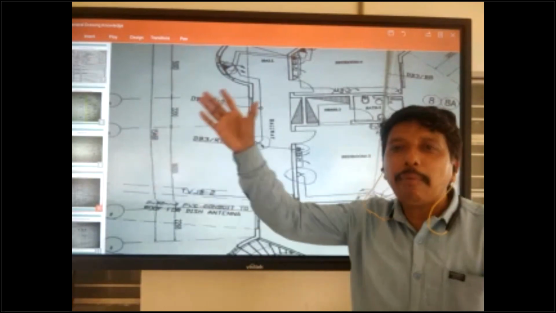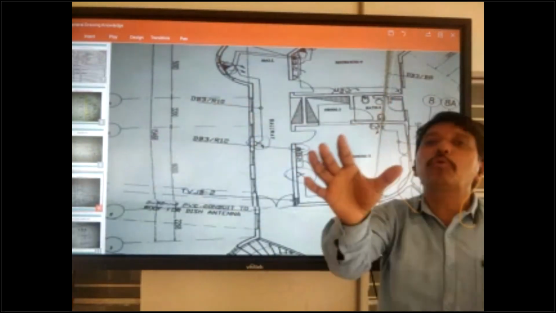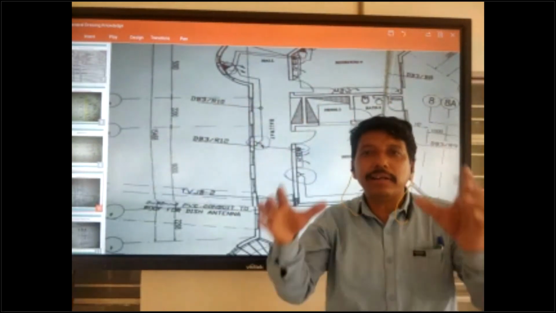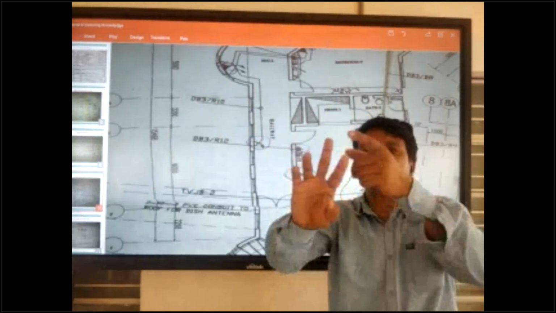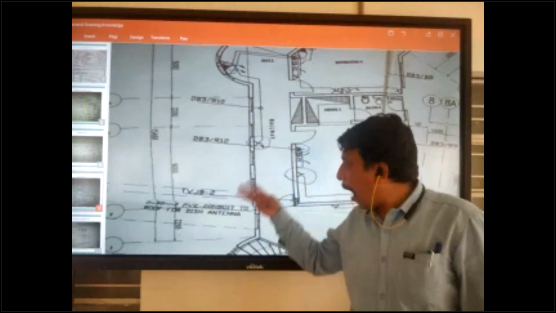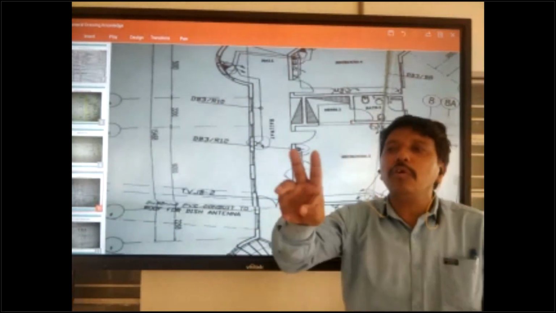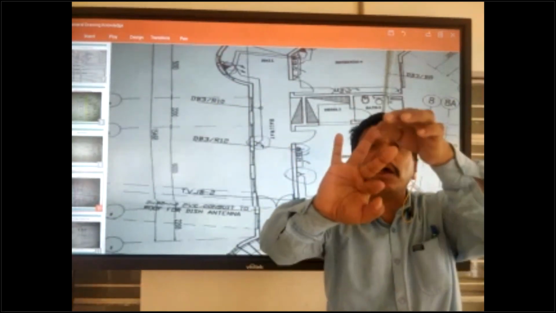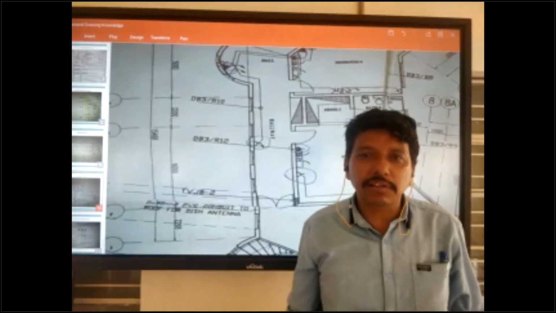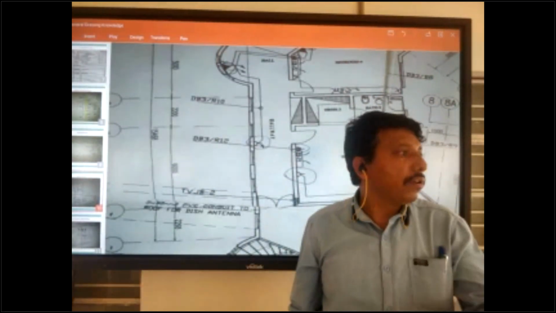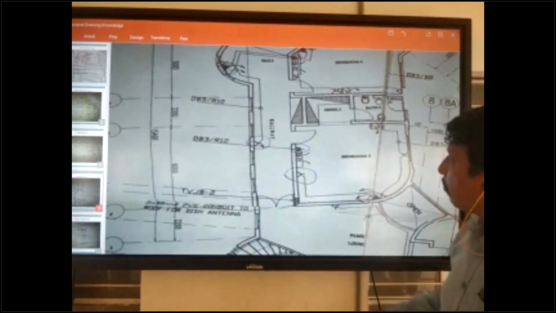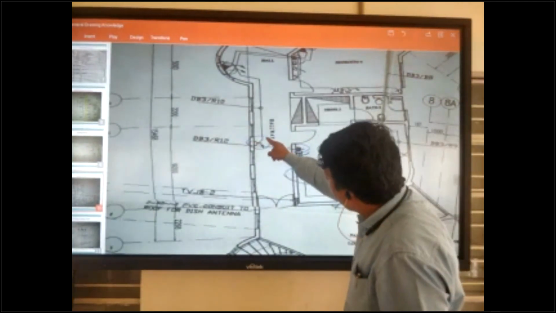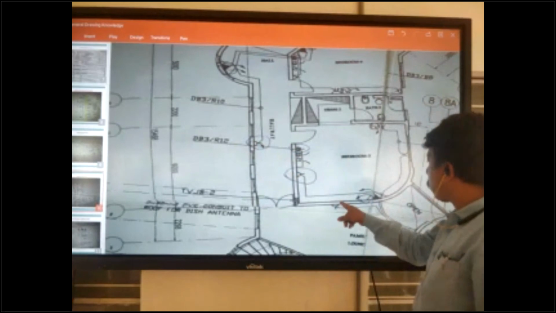This means power socket wiring needs 6 wires, but lighting wiring needs only 3 wires: phase, neutral and earth. Power socket wiring needs 2 phase, 2 neutral and 2 earth. This is a ring circuit. The ring circuit topic is also coming, I will explain about this. So this is the power socket; you can check it in the drawing.